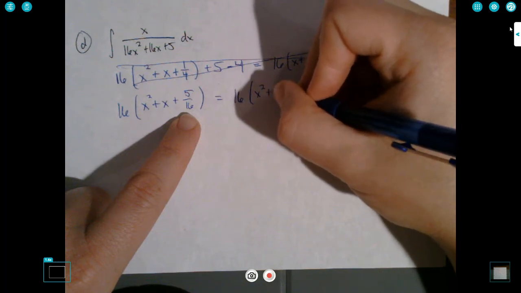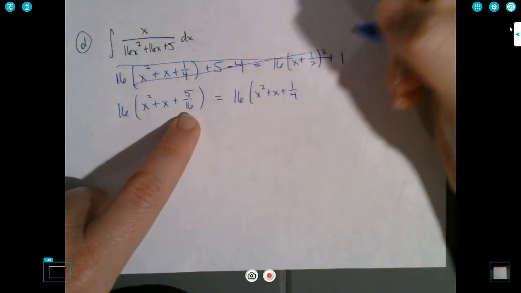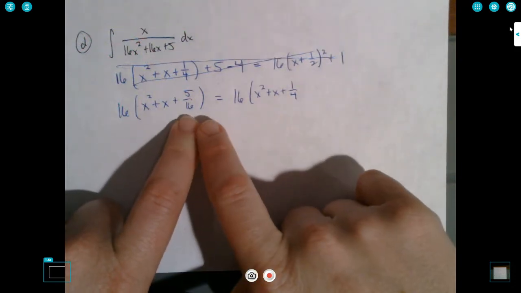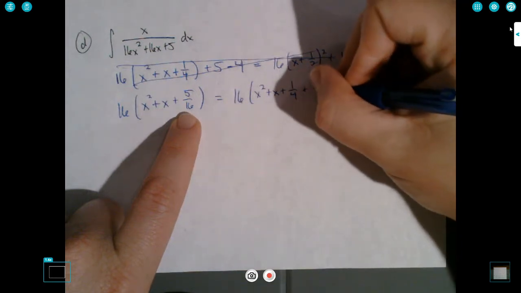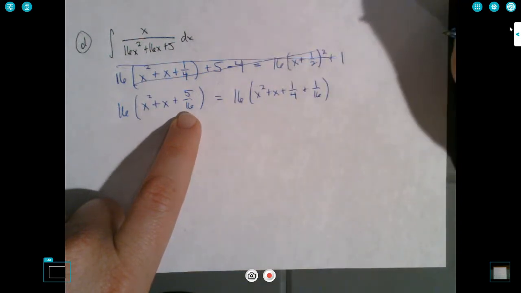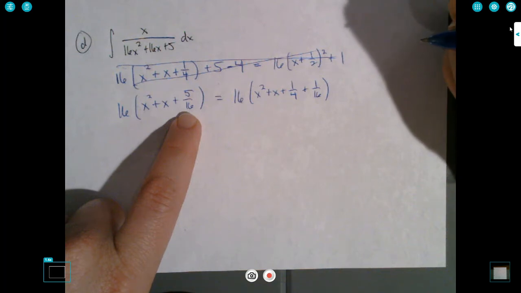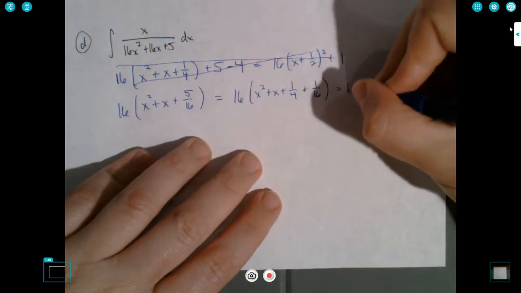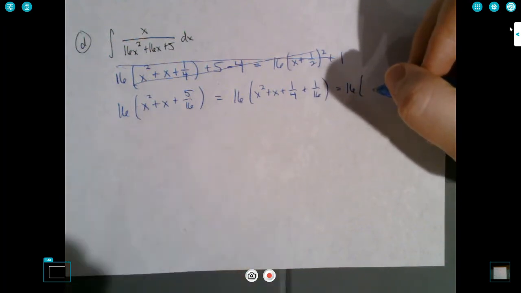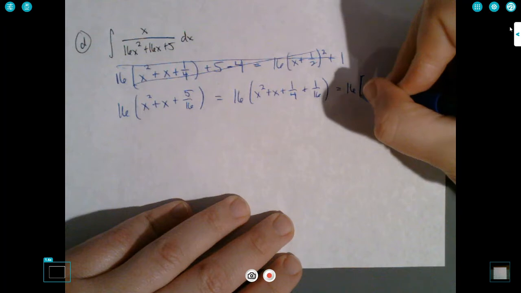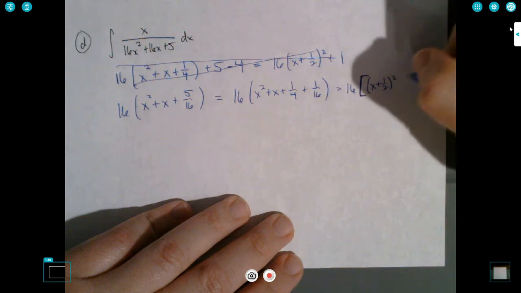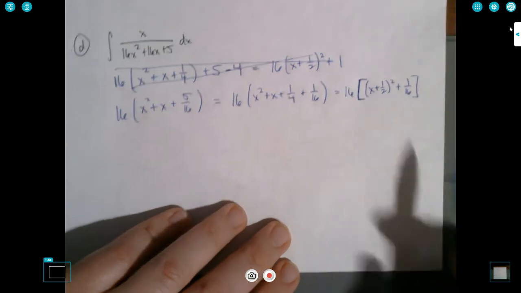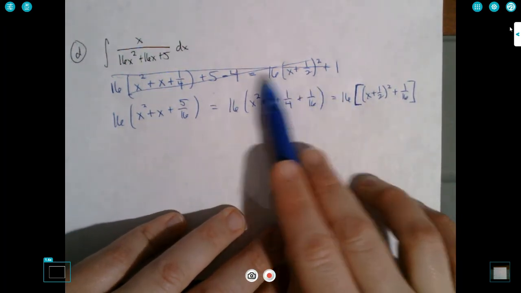So x squared plus x plus 1/4. 5/16 is 4/16 plus 1/16, so I'll say plus 1/16. And now I can write this as 16 times x plus 1/2 squared plus 1/16. Oh my goodness, that's the same thing as this, just with the 16 factored out.